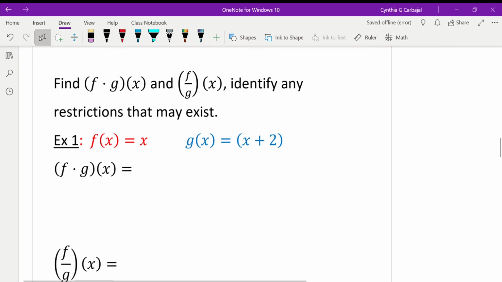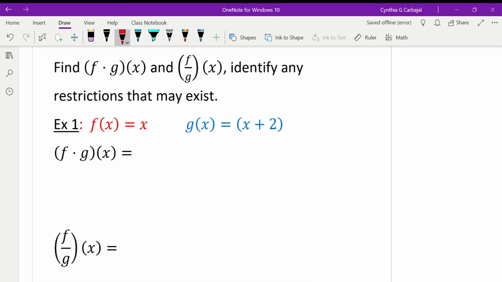Now it's time to start. So in your assignment, it's going to look like this, where you have a dot. That's going to mean we're multiplying. When you have a line there for a fraction, that means we're going to be dividing. So let's look at our first example. We have f times g of x equals blank. So we're going to get the f function, and we're going to multiply it times the g function.